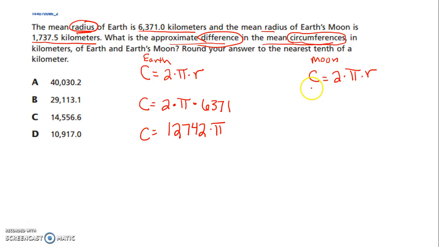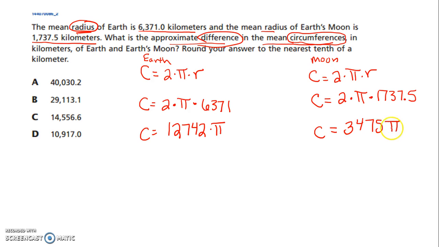So let's go ahead and take a look at the circumference of the Earth's moon. So that's 2 times pi times the moon's radius, which is 1,737.5 kilometers. So I'm going to multiply 2 times 1,737.5 kilometers, and I come up with 3,475 pi.